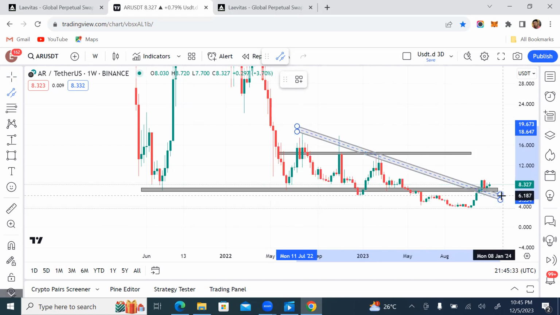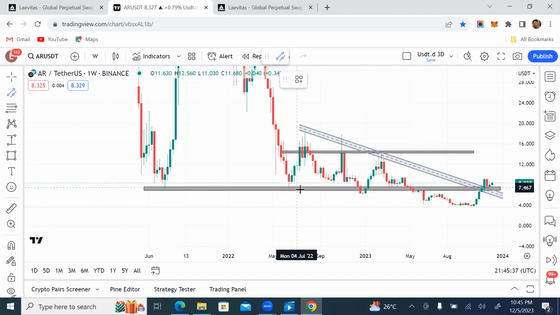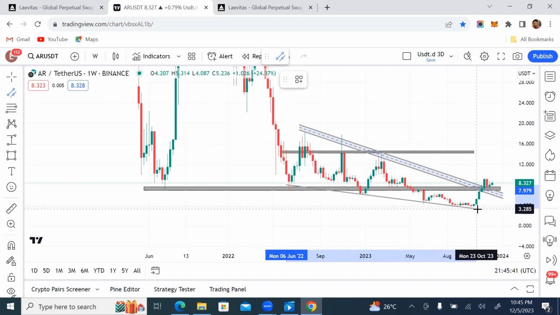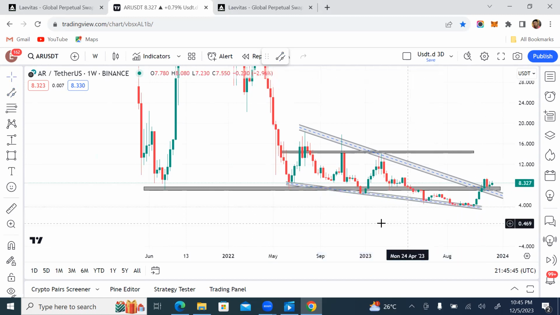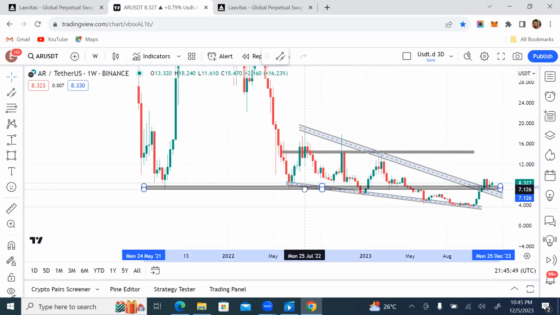I think I'm seeing something like a falling wedge pattern right here. So absolutely, this is more like a falling wedge.